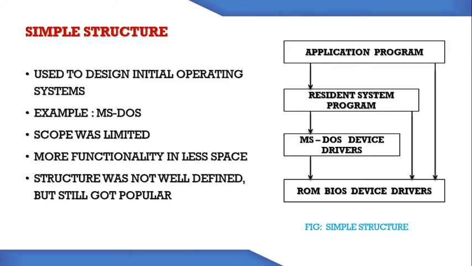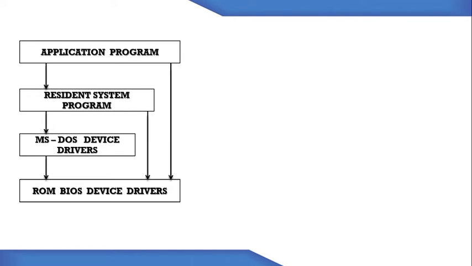Following is the diagram for simple structure. Let us study and simplify the diagram. The diagram looks like a layered structure, but it is a simple structure. At the top we have the application program.